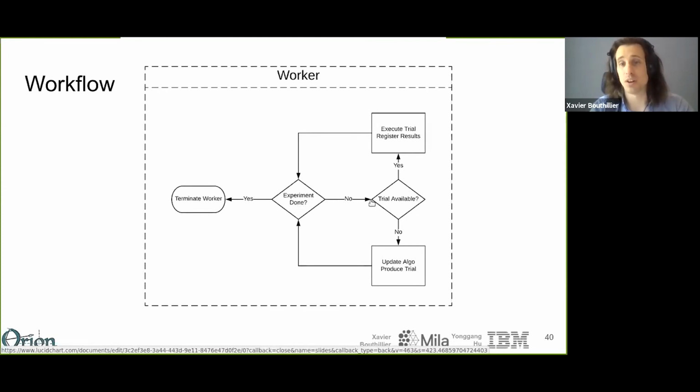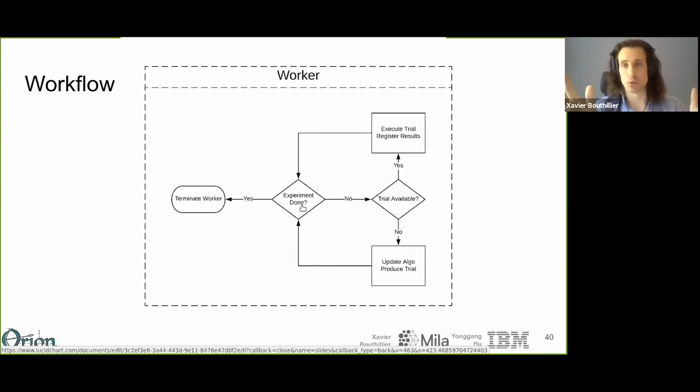If the experiment is not done, then it will look in the database: is there a trial available that I can reserve? If there's none, then I will update the status of the algorithm based on what is in the database, and I will produce a new trial. So it's a new recipe of cookie to try, and I will register it in the database. Then the worker will go back to this state and look, is the experiment done?